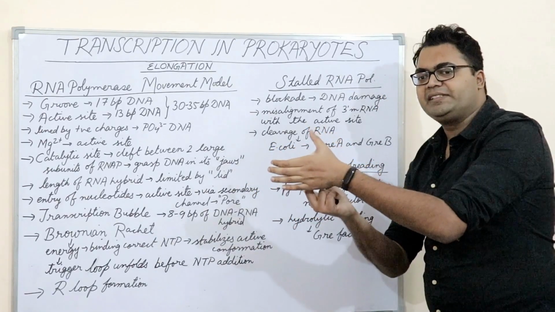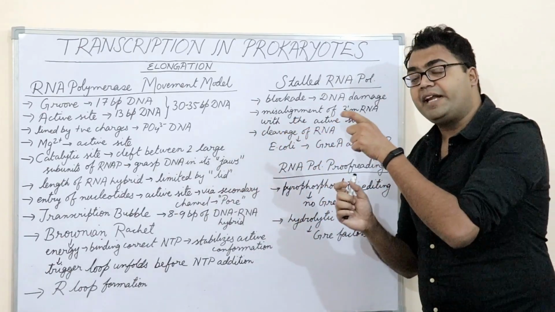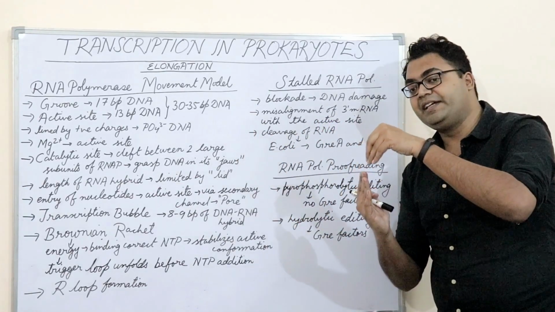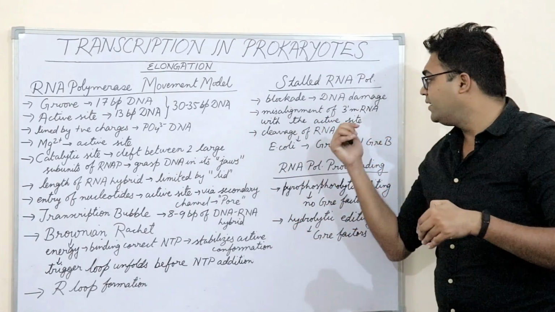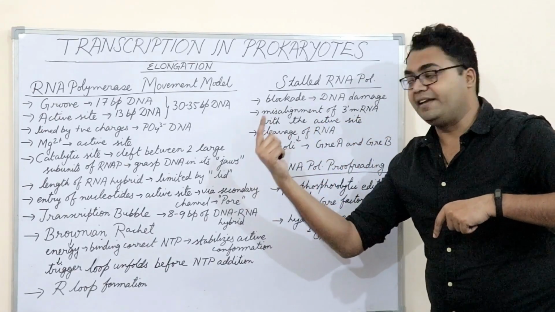So there is that kind of misalignment. So you need to cleave some RNA, some ribonucleotides from the 3' OH group, so that the 3' OH is realigned with the active site of the RNA polymerase itself in order for the reaction to begin again.